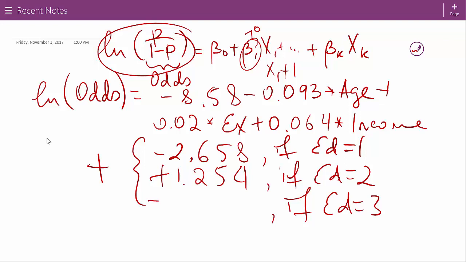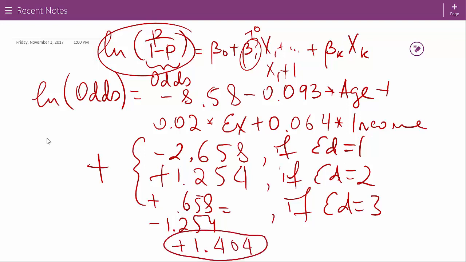So it becomes plus 2.658 minus 1.254, which gives me plus 1.404, something like that. Make sense? Kind of, sort of, or not really?